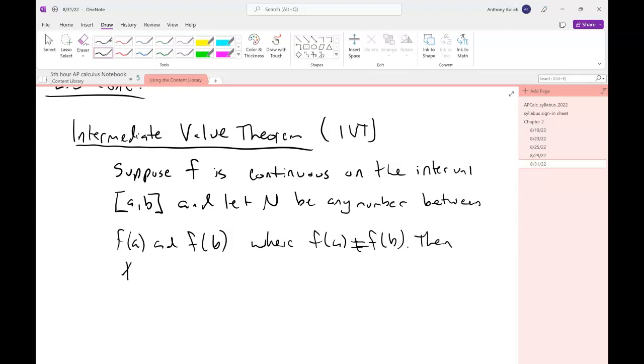Then there exists a number c that's in the open interval from a to b, such that f of c is equal to n.